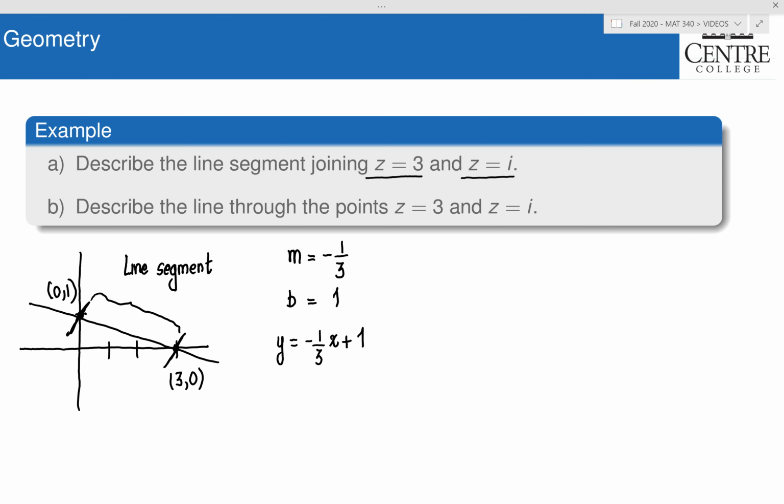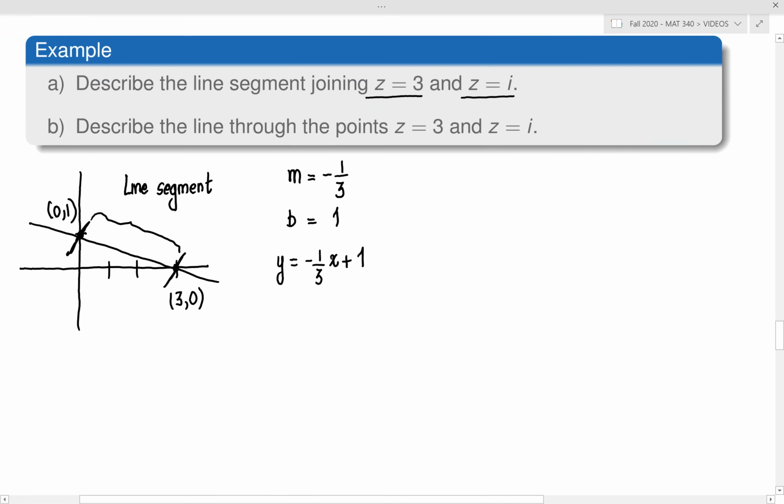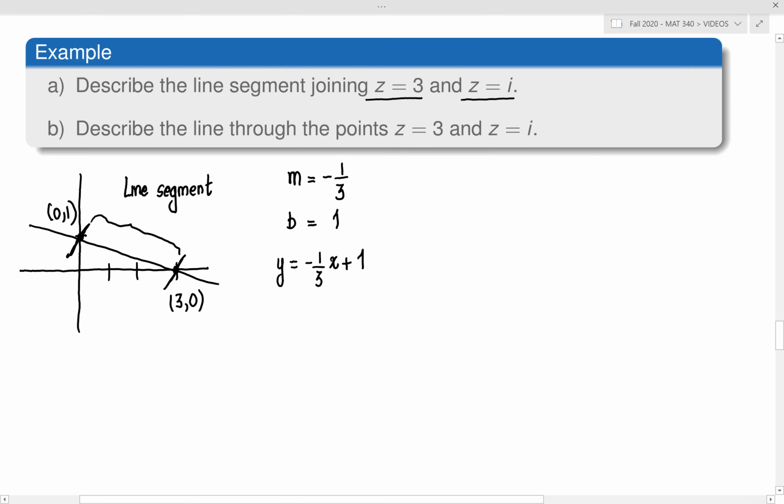However, we would like to be somewhat smarter about doing this. Here's the notation that we're going to use.